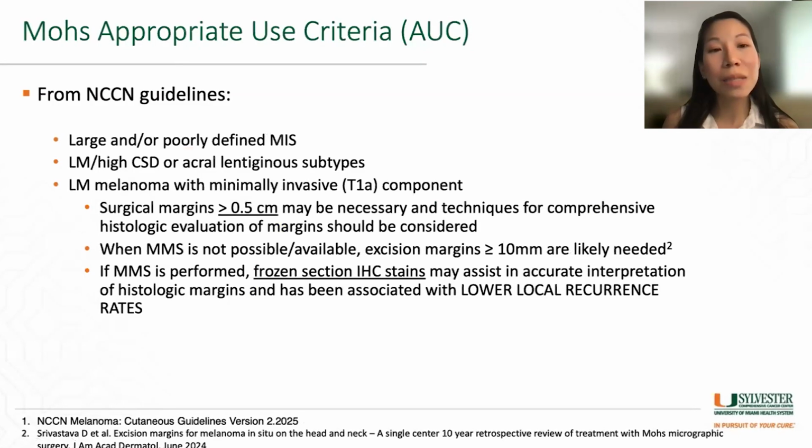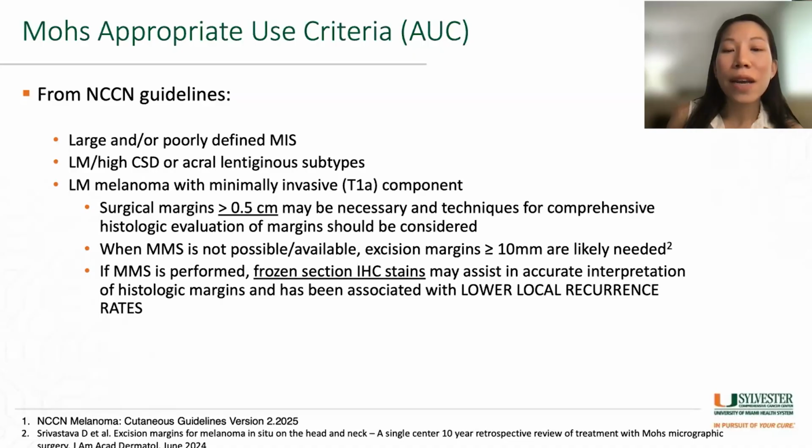So in specific situations, for large or poorly defined melanoma in situ, lentigo maligna, which are melanomas arising in chronic sun-exposed skin, or acral lentiginous subtypes, again the ones on hands and feet, and again those with a very minimal invasive component, the superficial ones less than 0.8 millimeters, they acknowledge that surgical margins of greater than 0.5 centimeters may be necessary, and techniques for comprehensive histologic evaluation of the margin should be considered.